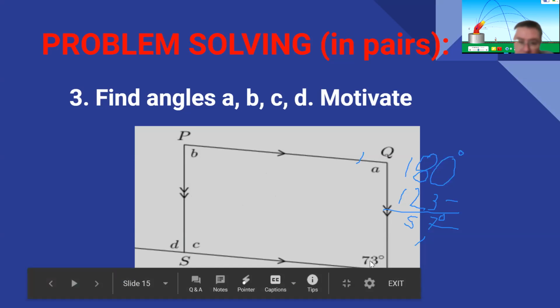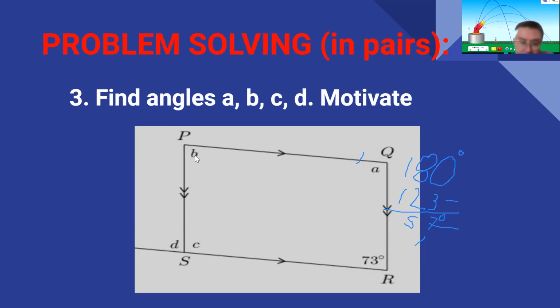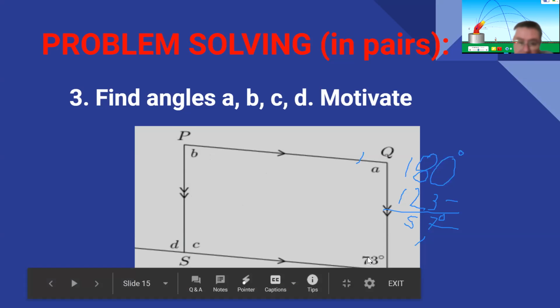We've got that angle 73, so we know about the opposite angles, they're the same, so B is going to be, I'm not going to tell you, you're going to tell me, and then this one plus that one is going to give us 180, so that one is 180 minus 73, 107.